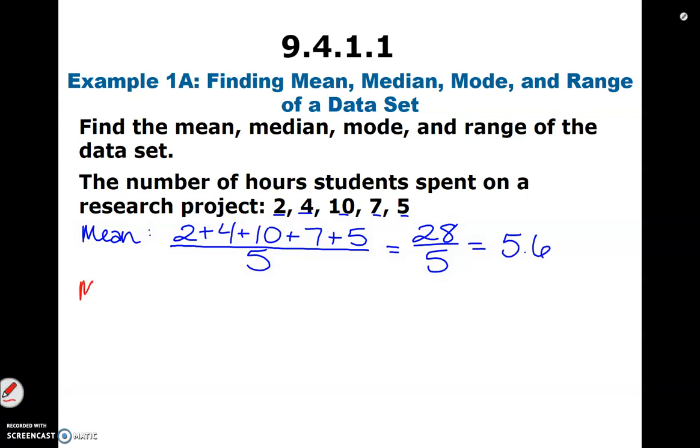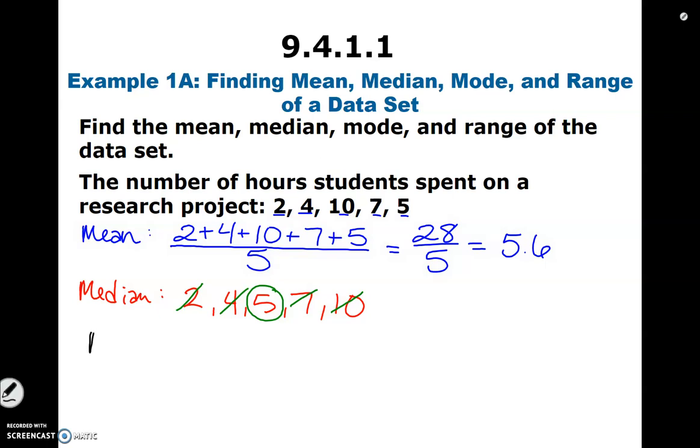Median, we said, was found by taking all of the values and lining them up from smallest to largest. Okay, and then I'm just going to start maybe from the left and cross off one from the left, cross off one from the right, from the left, from the right. And I find that the value in the very middle is 5. So 5 is your median of this data set.